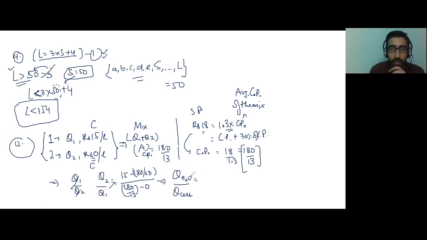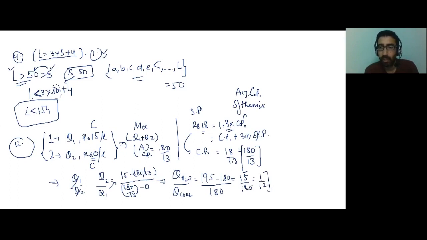And this will come out to be 15 into 13 is 195. So 195 minus 180, and the 13 will get cancelled out in any case, upon 180. That will give you, of course, 15 by 180, which happens to be 1 by 12.